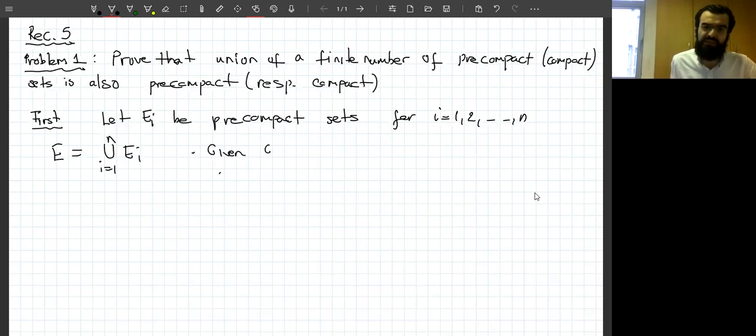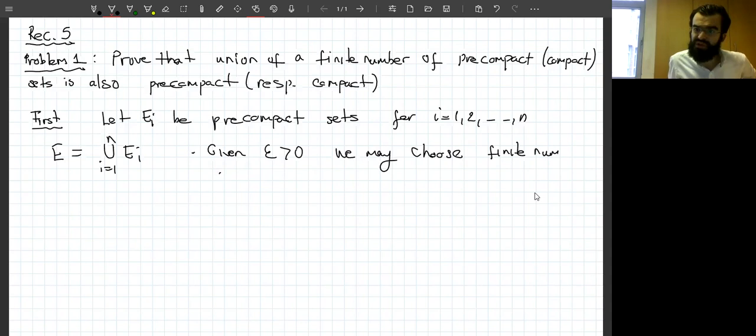Given epsilon greater than 0, we may choose a finite number of points.